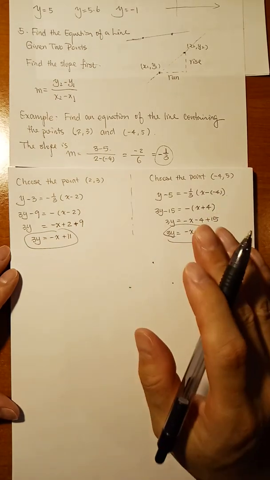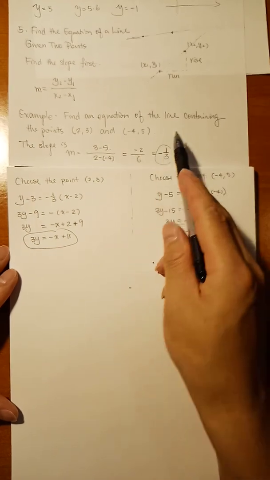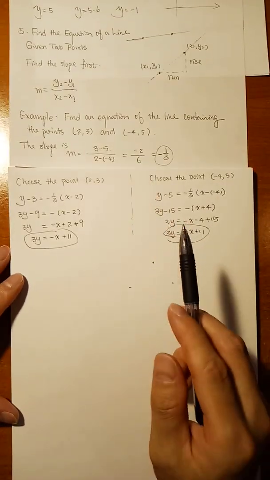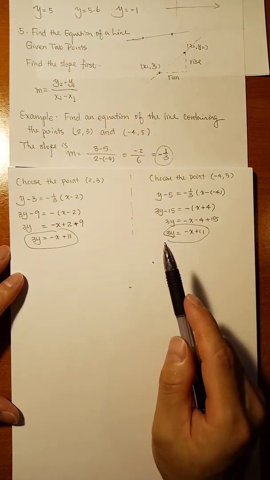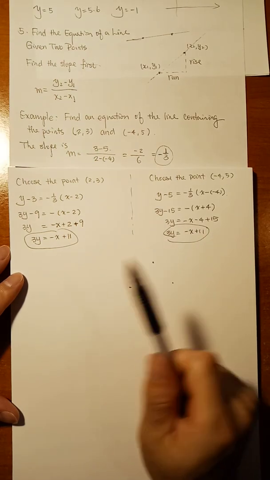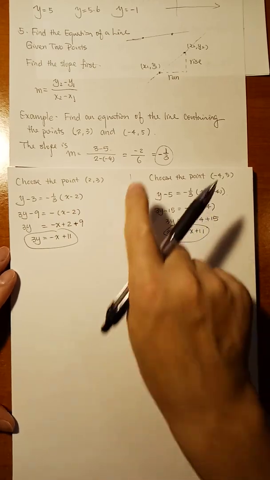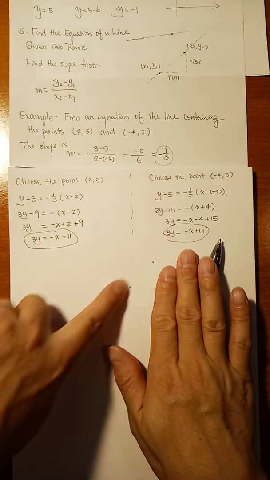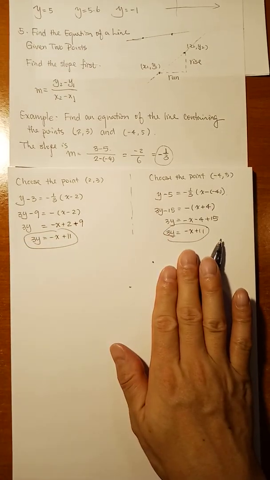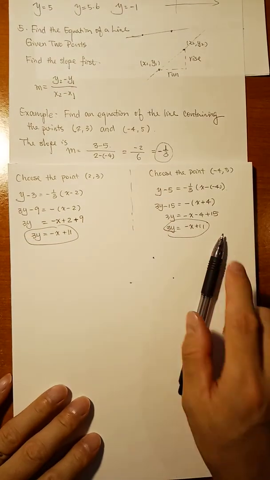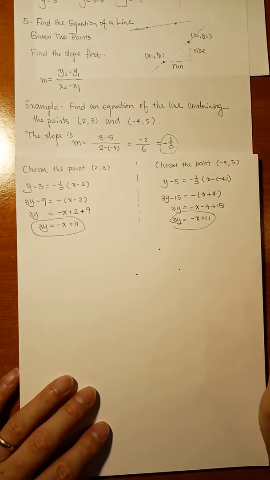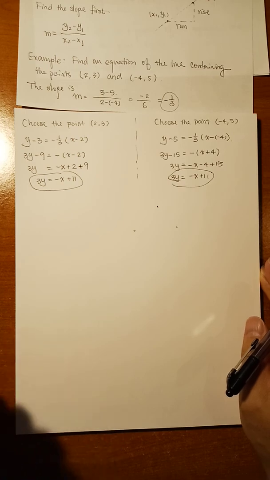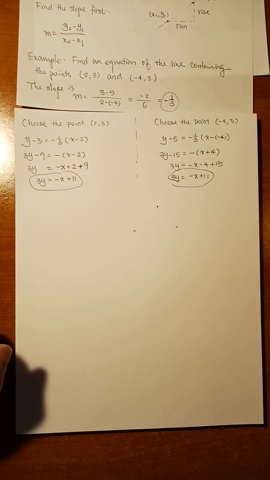So asking for the equation of a line containing 3 points has risks, and you will not see those problems. Only 2 points will uniquely determine a line. 3 points may not give you a line; 3 points usually will give you a triangle. All right, excellent.